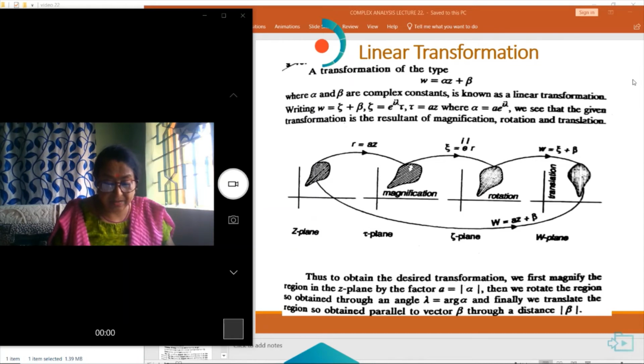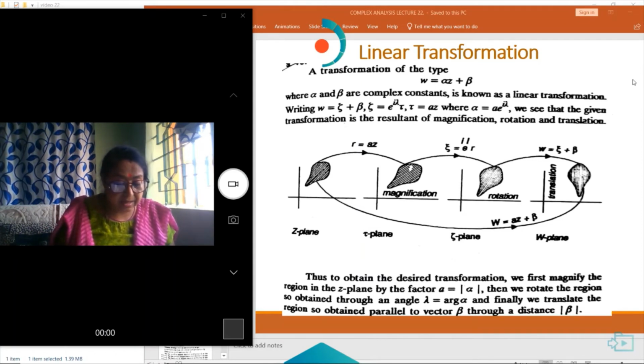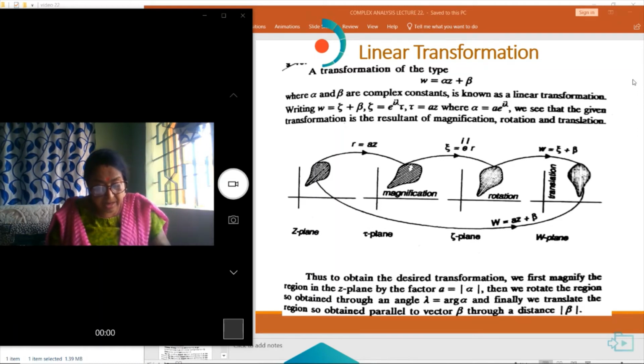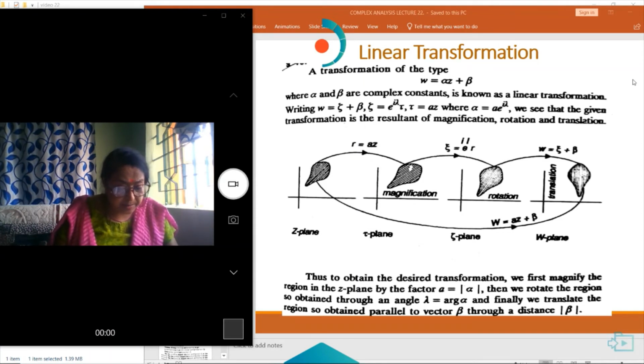We see that the given transformation is the resultant of magnification, rotation and translation. Thus, to obtain the desired transformation, we first magnify the region in the z plane by the factor a is equal to modulus of alpha.